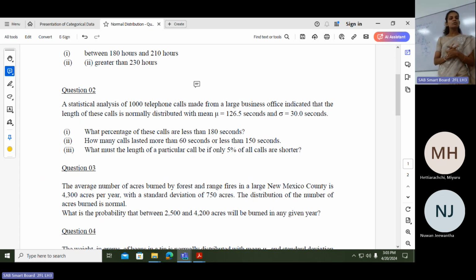Then part 2 asks how many calls lasted more than 60 seconds and less than 150 seconds. More than 60 and less than 150.